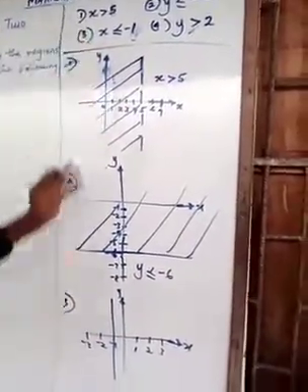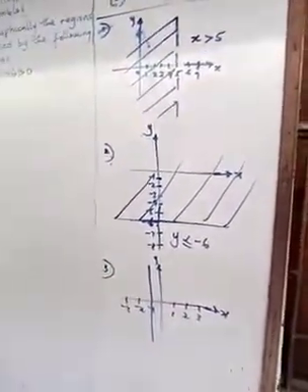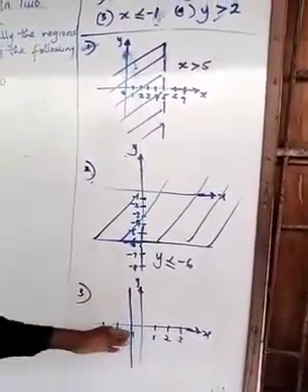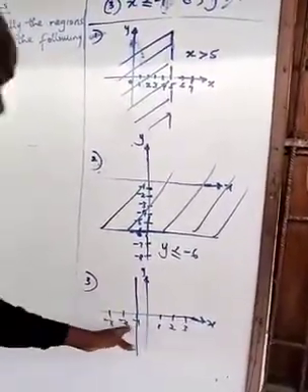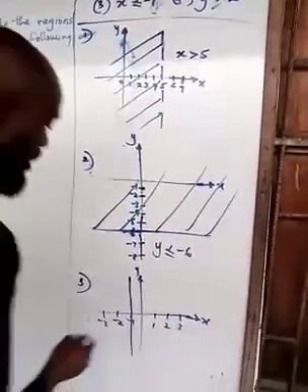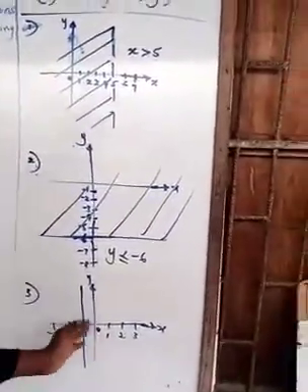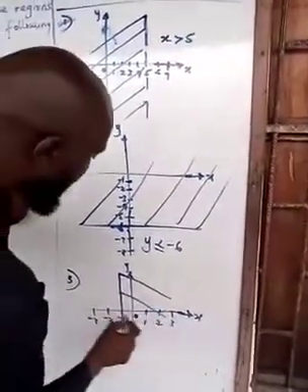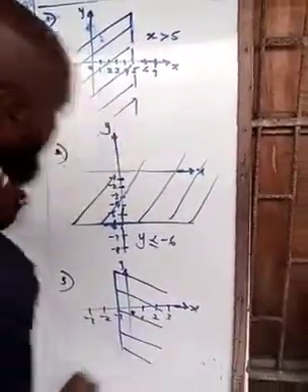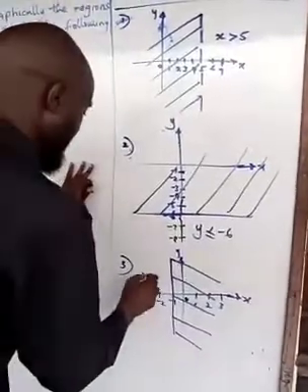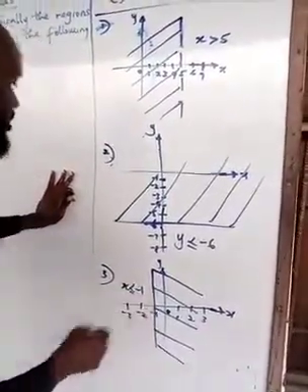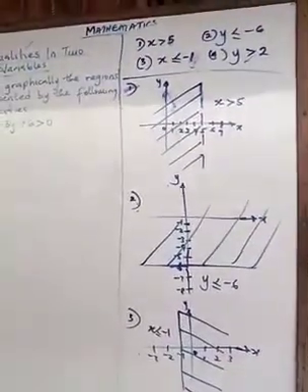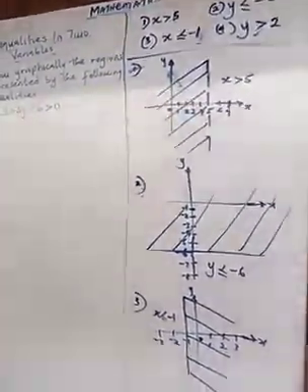So this is x, so it will cut the x-axis. Since it is less than or equals to minus 1, that means it can be minus 1, minus 2, minus 3, but it can never be 0. It can never be any of these values. So you shade that part. So that means x is less than or equals to minus 1. So basically we are going to be using this knowledge for this.